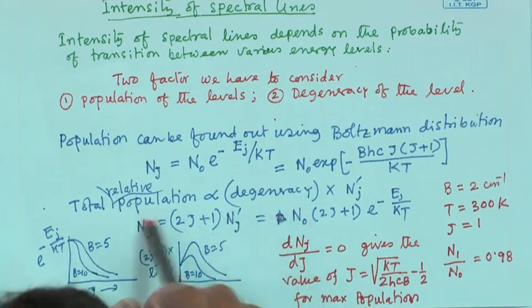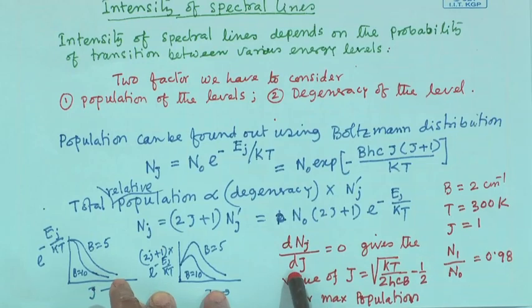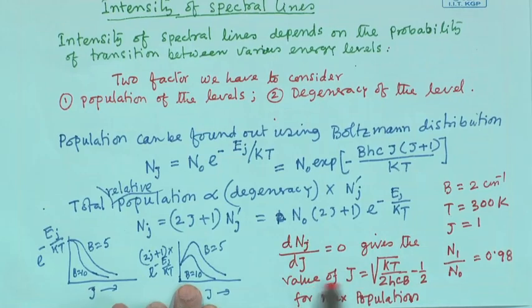Just differentiate with respect to j and set it to 0, then you will find the j value where you get the maximum population. The maximum population depends on temperature as well as on B; the others are constants.